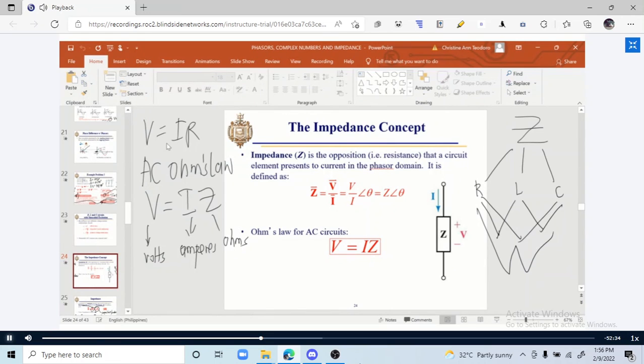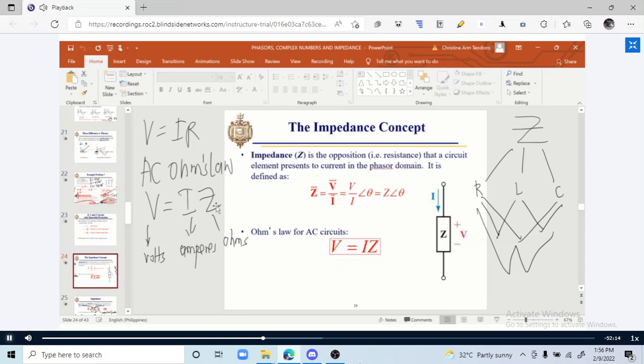Okay? So next, we have V equals IR. This is the very common, fundamental equation in electrical circuits, the DC Ohm's law. V equals IR, or our voltage is equal to the current multiplied by the resistance.